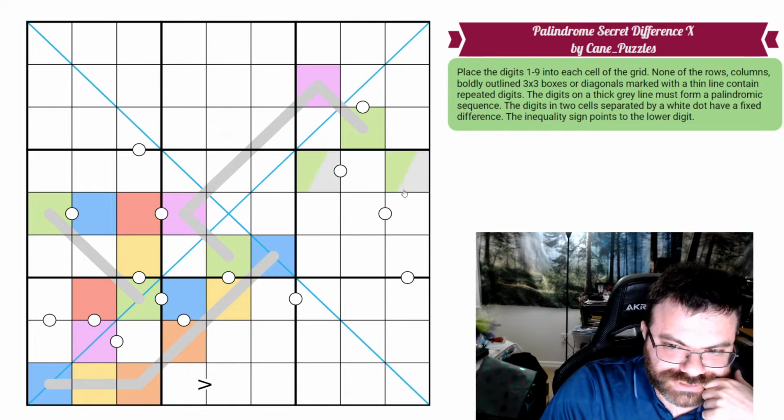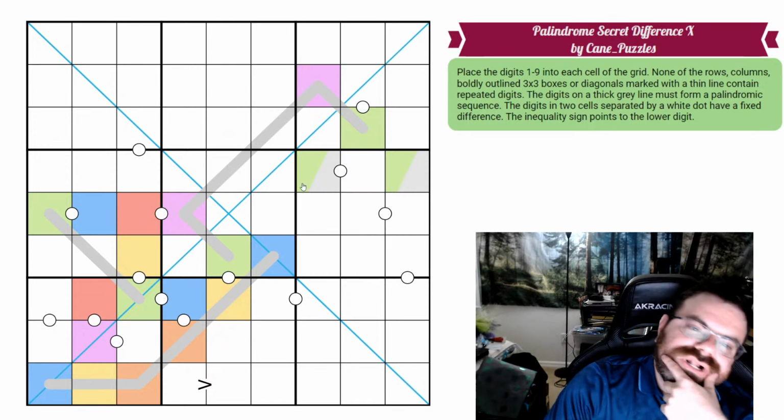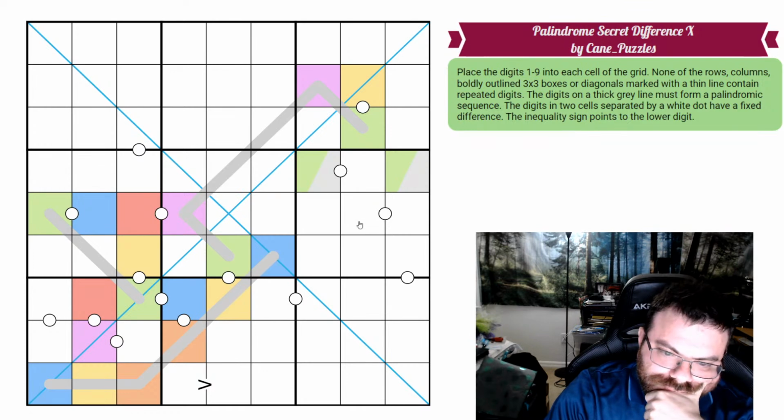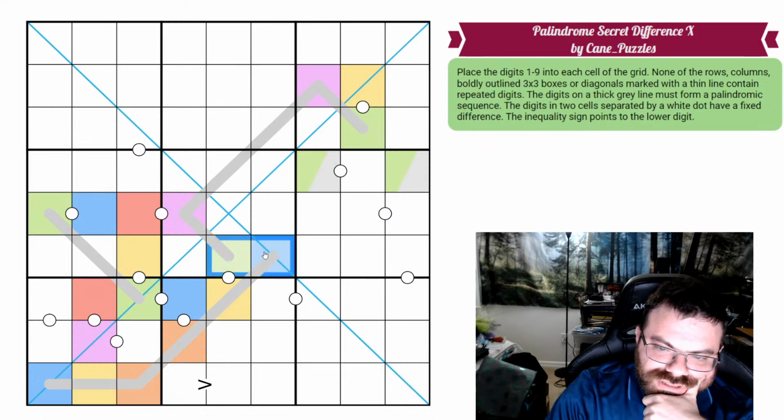Blue's up here somewhere. Probably with the green if I had to guess, but can't just guess. This is not blue, so this is yellow. So now if this were green, this would have to be blue, which would work just fine. We know green and blue are up here somewhere.